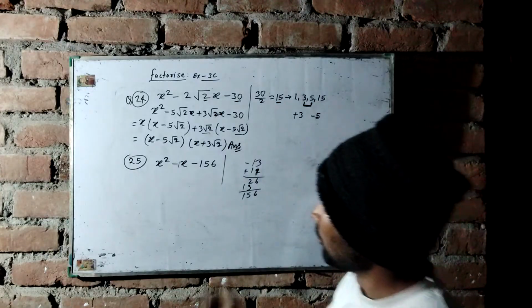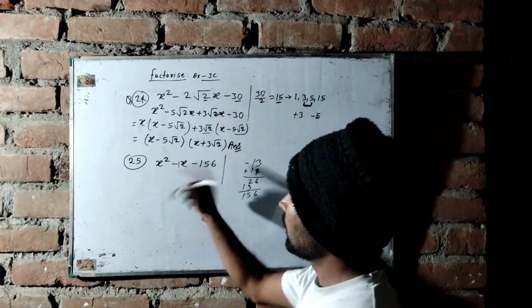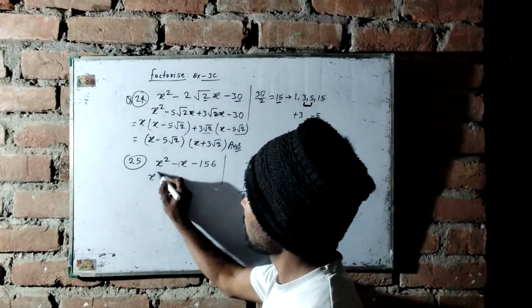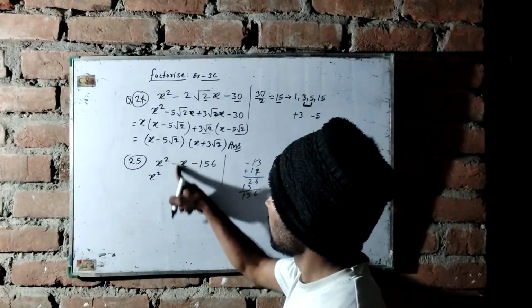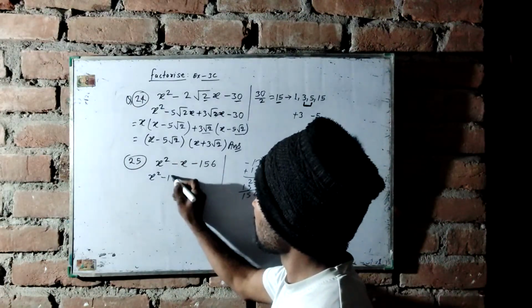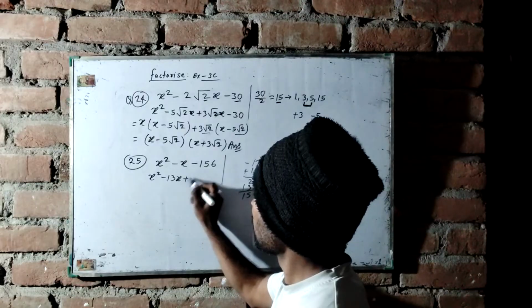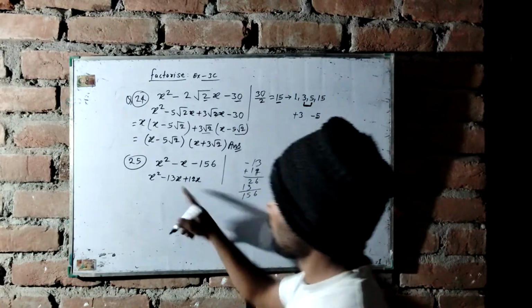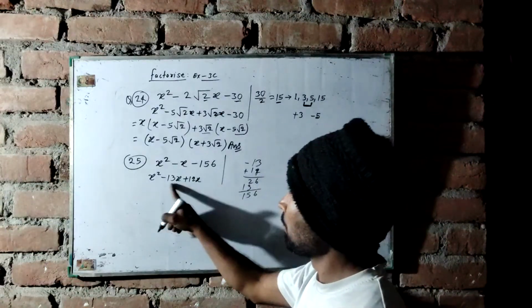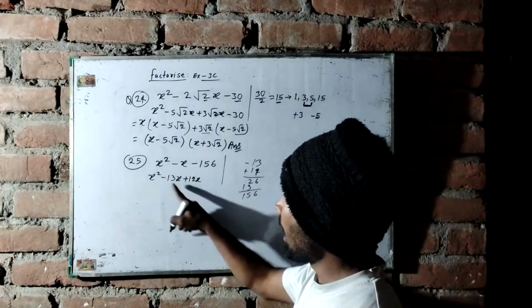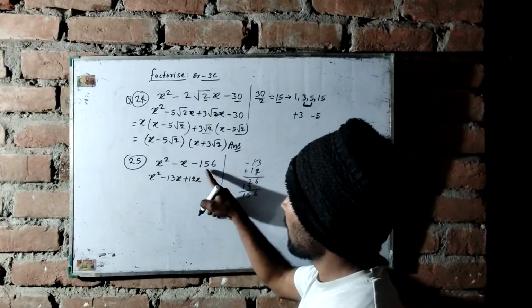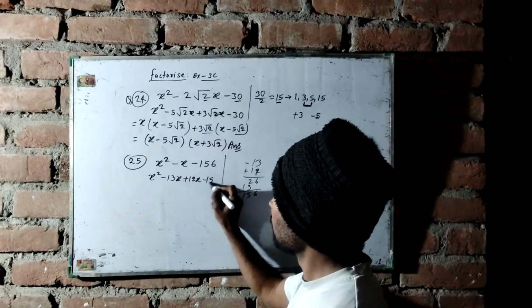Okay, so this polynomial can be written as x squared minus 13x plus 12x, because their sum will be minus x and their product will be minus 156.